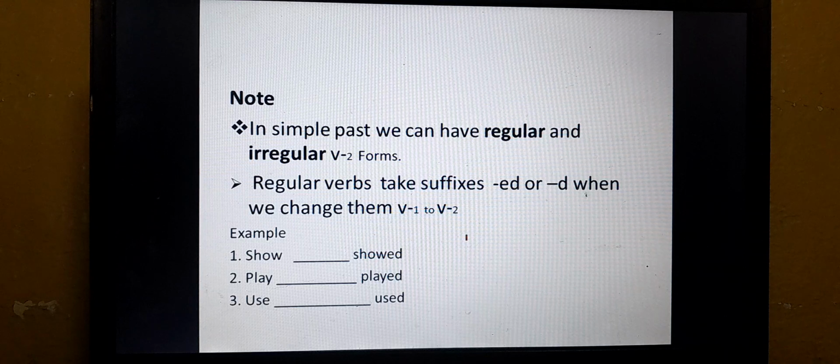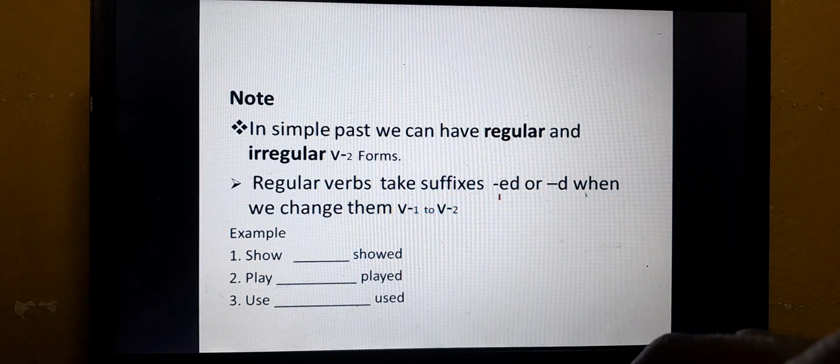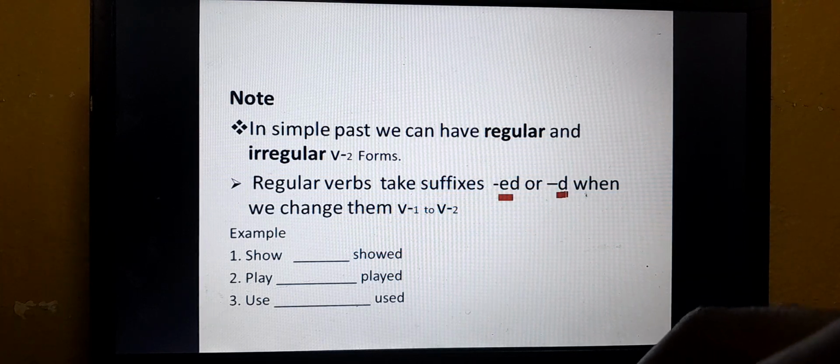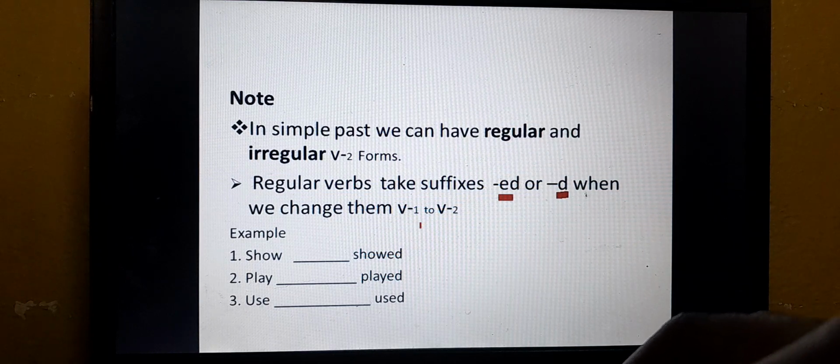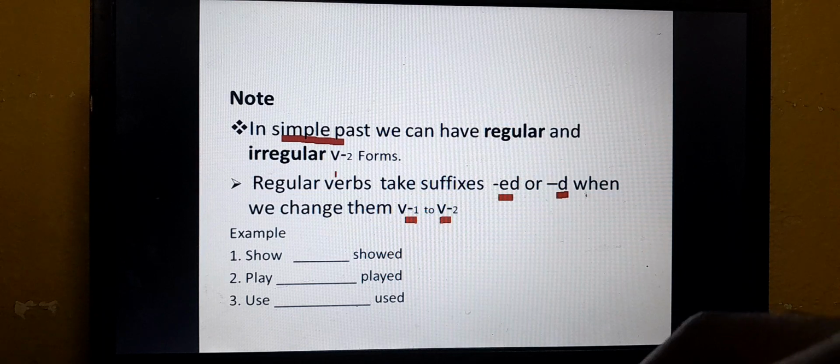Okay, good. Note, in simple past we can have regular and irregular verbs. Regular verbs take suffixes like ed or d when we change them from verb 1 to verb 2 in simple past tense construction of sentences.